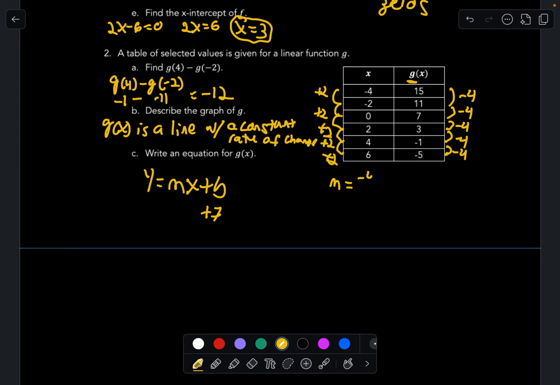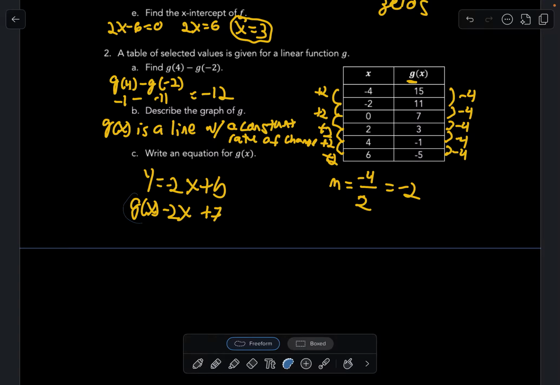So that would be -4 divided by 2. All right, so our slope is -2, and there's the equation: -2x plus 7. And so that's g of x. I used the letter y, so let me change that to g of x. Okay, and that is the equation for the function.